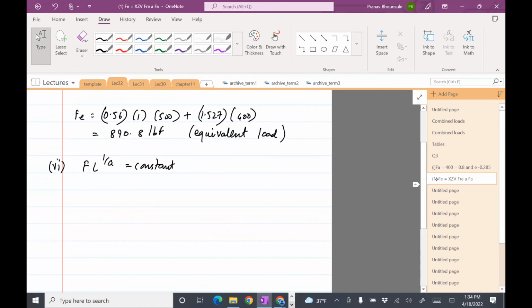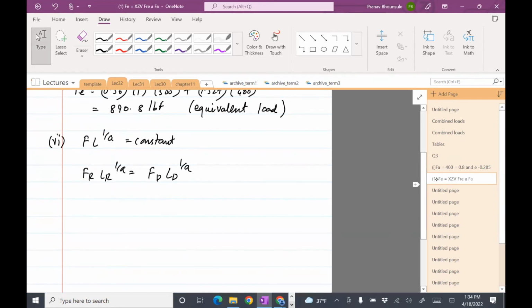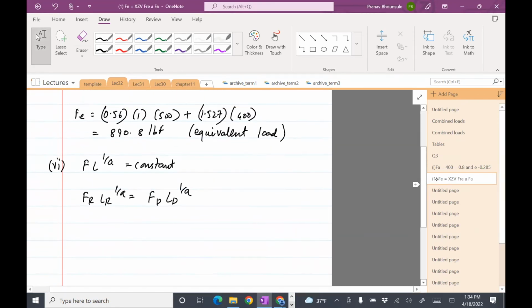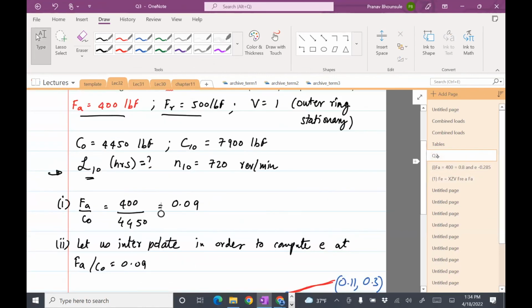So FR, LR 1 divided by A, FD, LD 1 divided by A. Now, what do we know about this problem? We know C10. Let me just copy this.